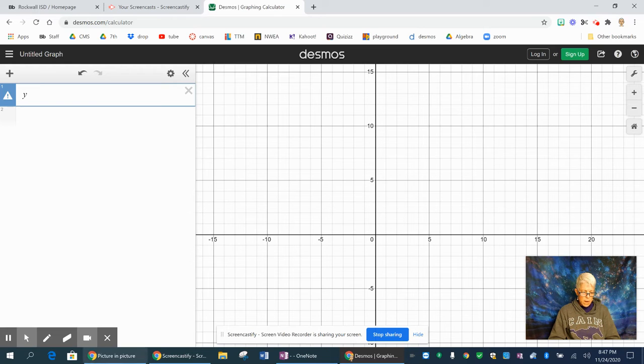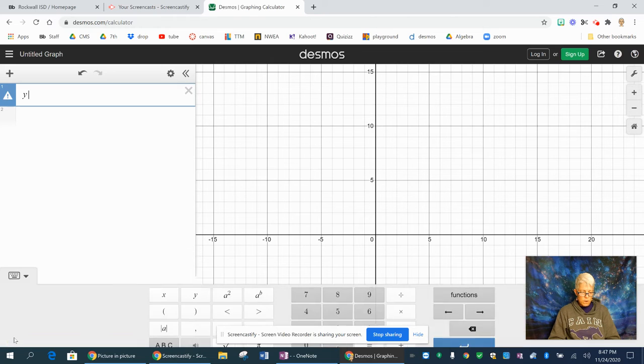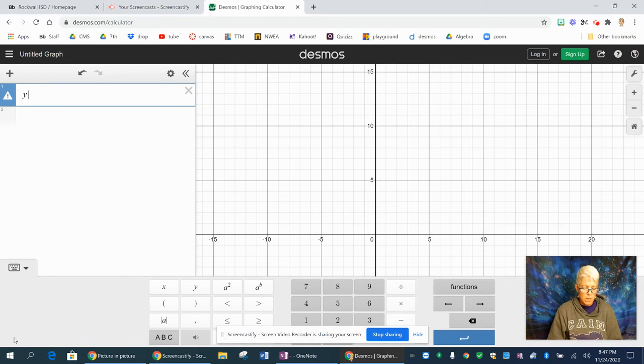If you look at the bottom of your screen, there is a little keyboard. If you tap that keyboard, then you'll see the greater than, less than. You'll see some symbols that you might not be able to do otherwise. You can do less than, greater than on your keyboard, but your keyboard does not have a less than or equal to symbol. So you would need to use the keyboard on Desmos. So I'm just going to use the keyboard on Desmos for everything.